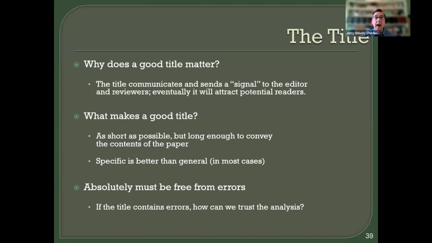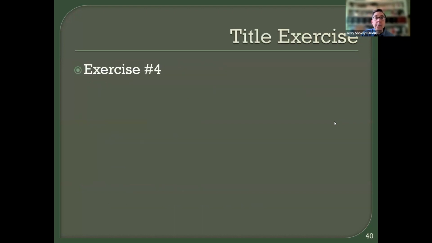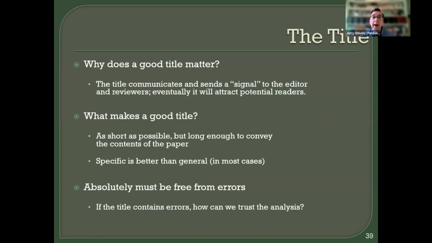So I think it's worth spending a lot of time thinking about what your title should be, and making sure that the title communicates clearly and doesn't have any errors in it. It's amazing to me that I often received papers that had errors in the title. Sometimes, maybe not always, an editor might make a decision about whether to send a paper to reviewers or whether to desk reject a paper simply on the basis of the title.